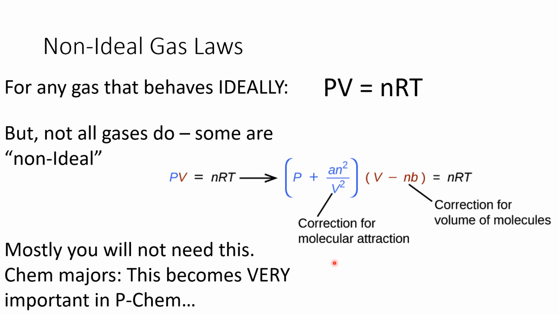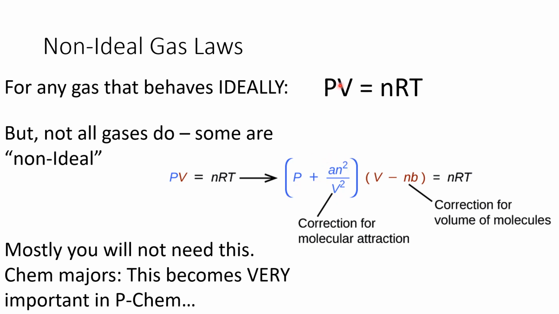The idea of the ideal gas law is that gases act ideal. Well, they don't always. We'll talk later about the assumptions in the ideal gas law, but it does get more complex when you have to correct for the fact that your gas molecules are actually attracting or repelling each other.